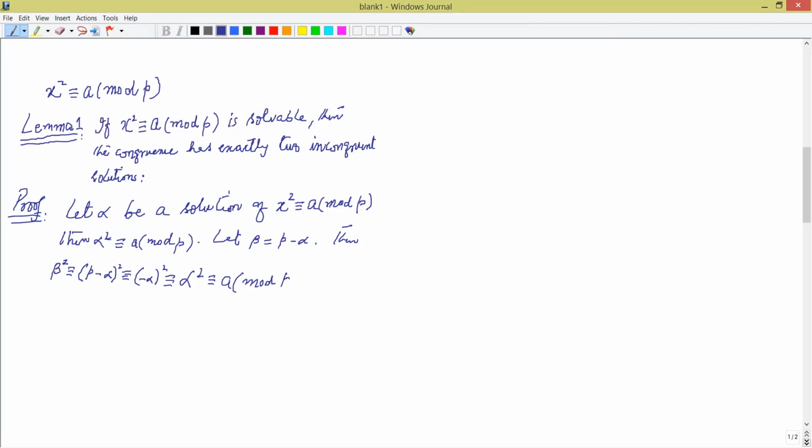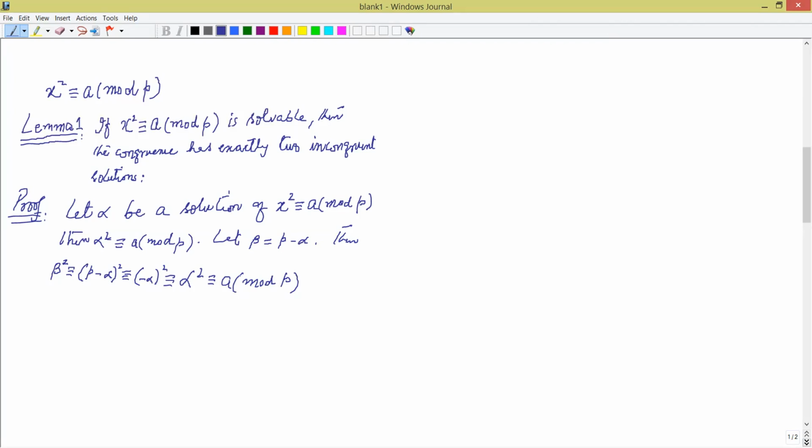So we have assumed that alpha is a solution of the quadratic congruence, and we assume another number beta which is equal to P minus alpha, and this element beta is also satisfying this congruence.